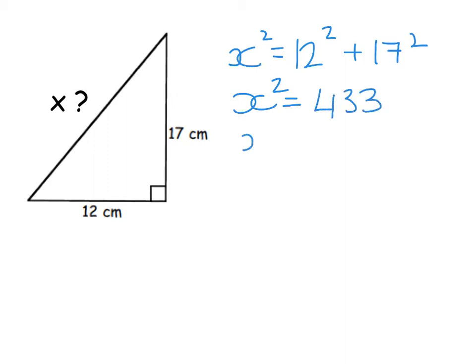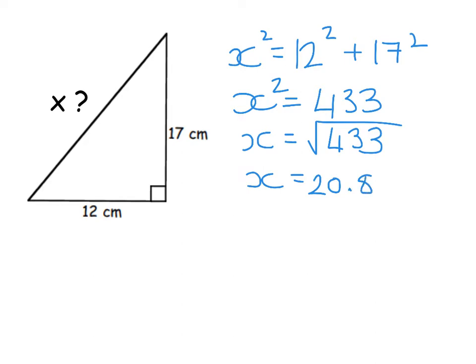Now that is what your long side is when it is squared. To undo that, we have to square root it. So that's when you put the big tick around it. And the final line is you go to your calculator, you hit square root of your 433, and you get an answer of 20.808, so that goes to 20.81 centimetres, and that's to 2 decimal places.